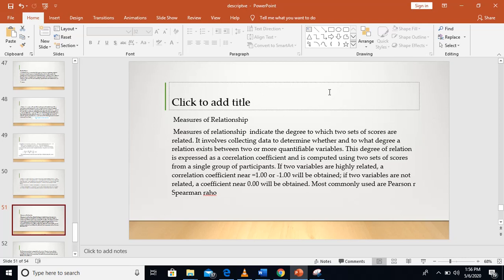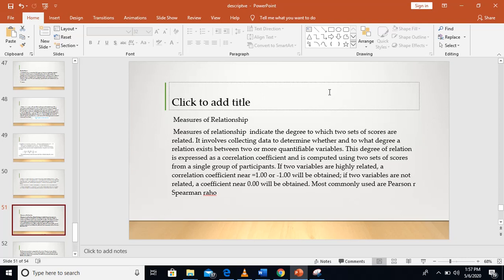Measures of relationship. Measures of relationship indicate the degree to which two sets of scores are related. It involves collecting data to determine whether and to what degree a relation exists between two or more quantifiable variables. This degree of relation is expressed as a correlation coefficient and is computed using two sets of scores from a single group of participants.